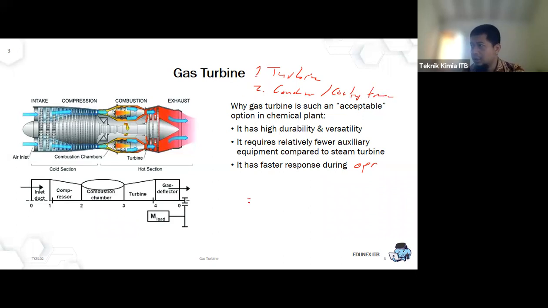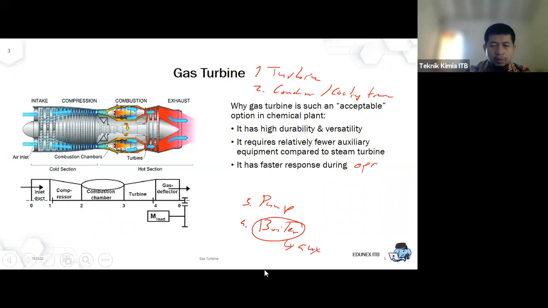And third is the pump. Then fourth is the boiler. In the boiler itself, it has its own auxiliary: feeding system, reboiler, and many things. Many valves in there. And the pump itself must be powered by other power sources.